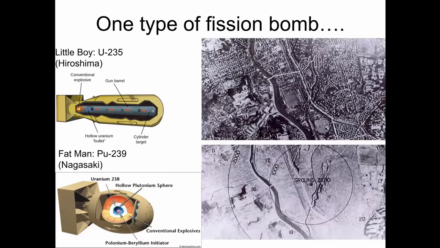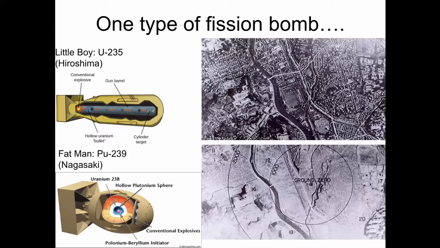It had a conventional explosive that sent a bullet of uranium down a long tube that hit more uranium at the end, causing the chain reaction to begin.